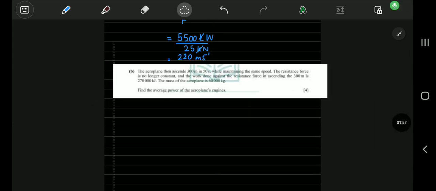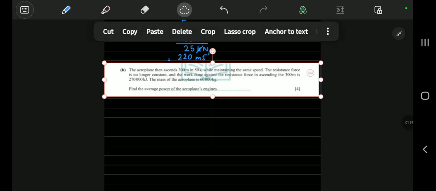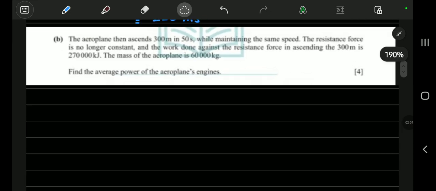Let's do part B. Part B says the aeroplane then ascends 300 meter in 50 seconds. Okay, so that means vertically it is ascending 300 meters in 50 seconds.